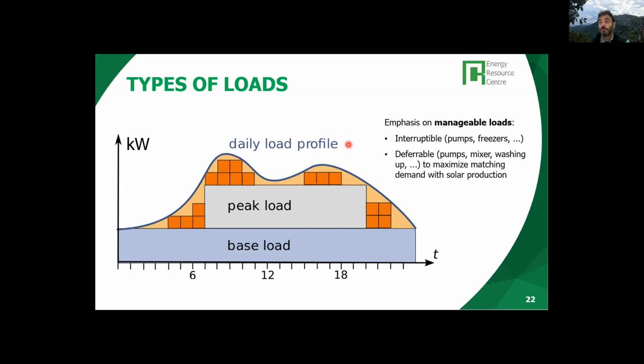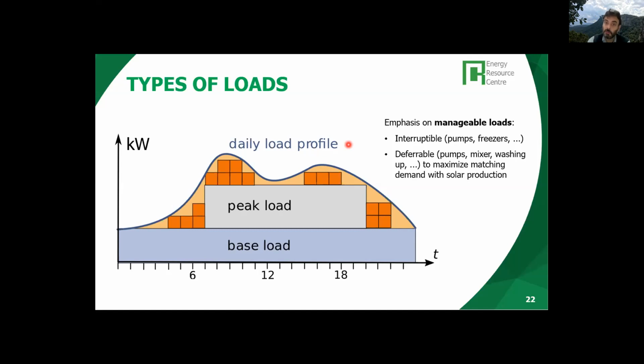There are some kinds of loads that are particularly critical to understand. Apart from the base loads and the peak loads, there are what we call the manageable loads, the interruptible loads: those consumptions that we can stop if conditions of solar radiation or battery state of charge are not good. We can stop them and continue later on or the day after, like water pumps, or the use of freezers eventually.